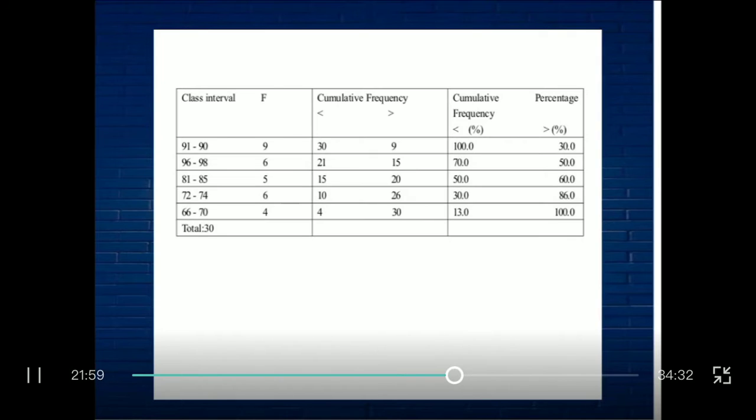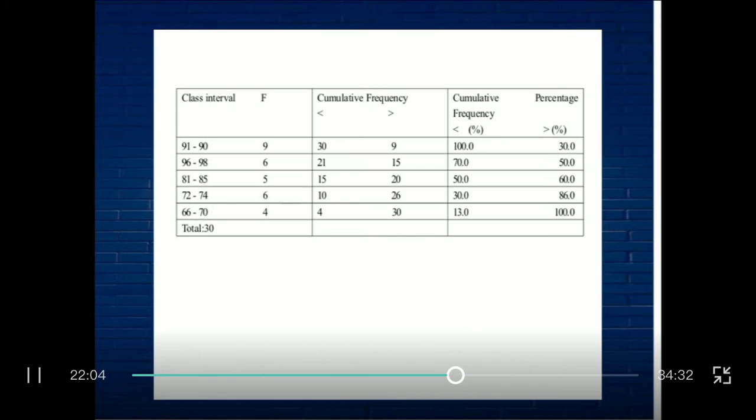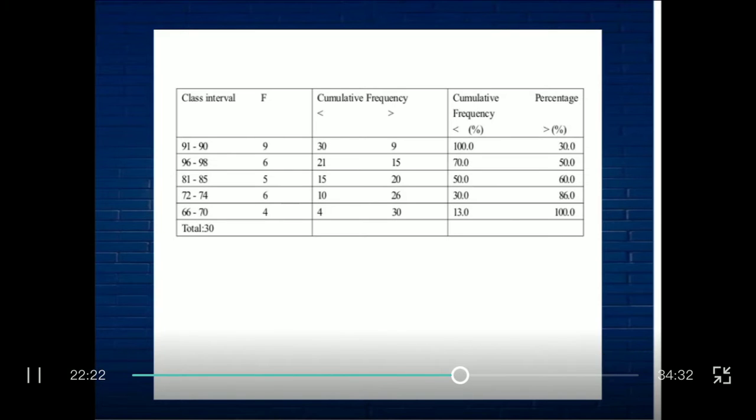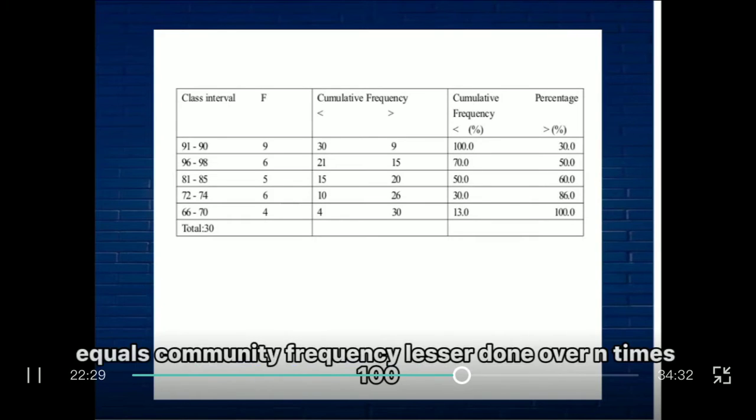How to compute the greater than percent and the lesser than percent. To find the cumulative percentage frequency lesser than, we have a formula: CPF lesser than equals cumulative frequency lesser than over n times 100%.